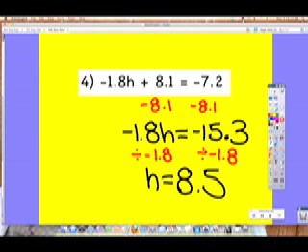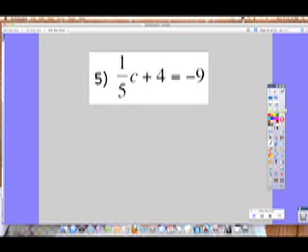Catch up. Okay, just talk yourself through it. Guys, what is this fraction doing to this c? How do you get over times? Divide. What are you dividing by, though, Brendan? Divide by the fraction. So we've got to divide by the fraction 1/5.